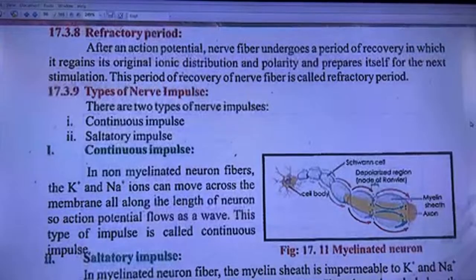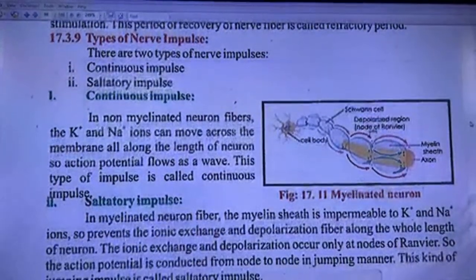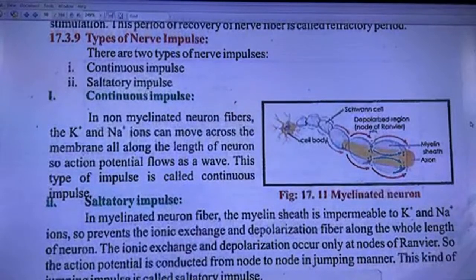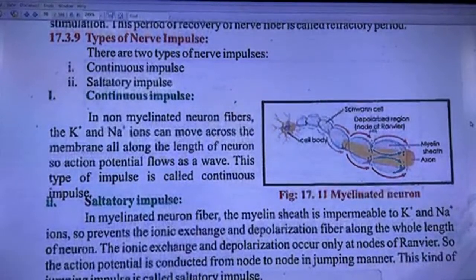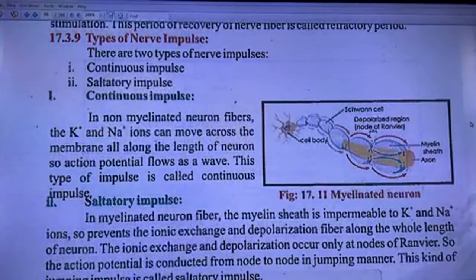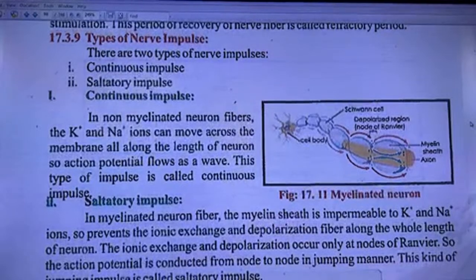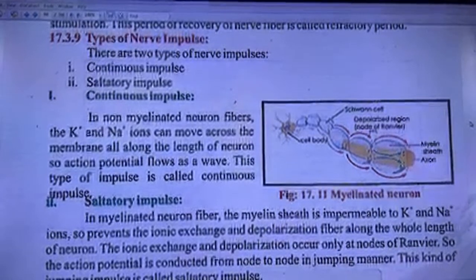Types of neuroimpulse. There are two types of neuroimpulse: continuous impulse and saltatory impulse. Continuous impulse: in non-myelinated nerve fibers, the potassium and sodium ions can move across the membrane all along the length of the neuron, so the action potential flows as a wave. This type of impulse is called a continuous impulse.